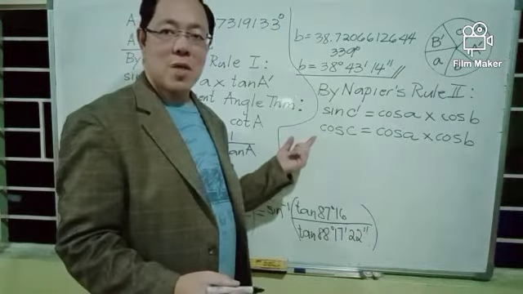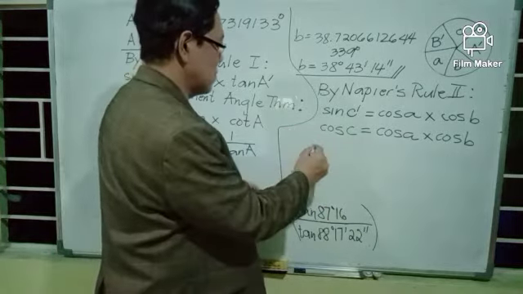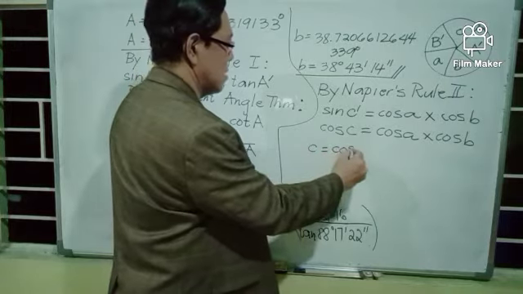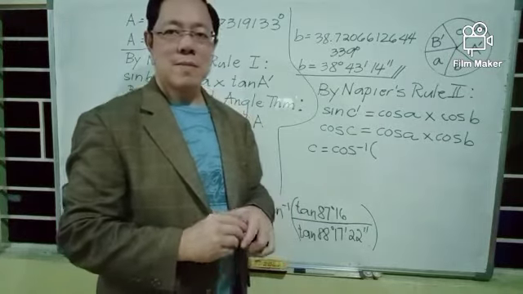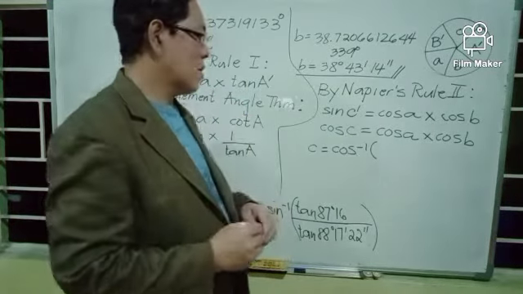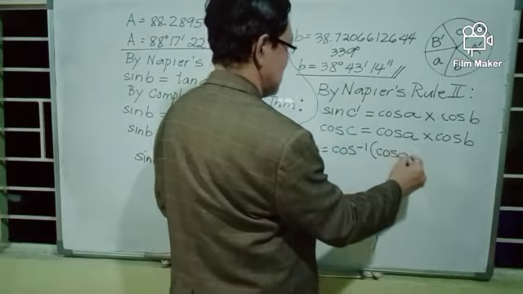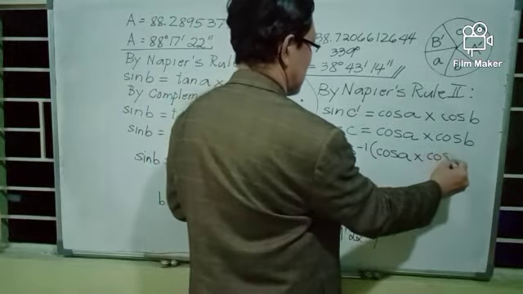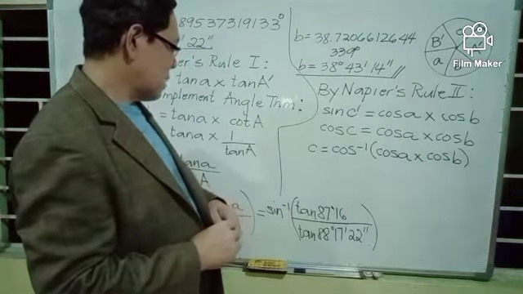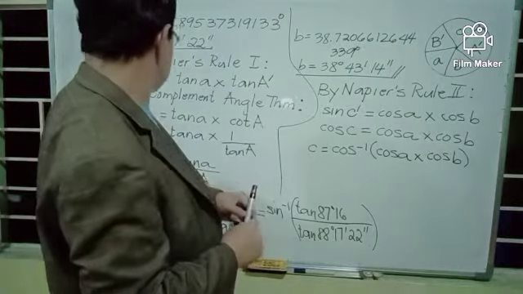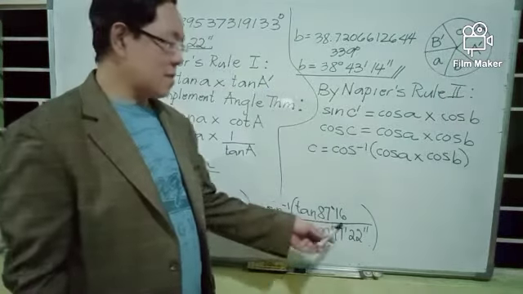From this last equation, small c now is equal to shift cosine, or inverse cosine, of cosine a multiplied by cosine b. And we substitute small a, which is 87 degrees 16 minutes.